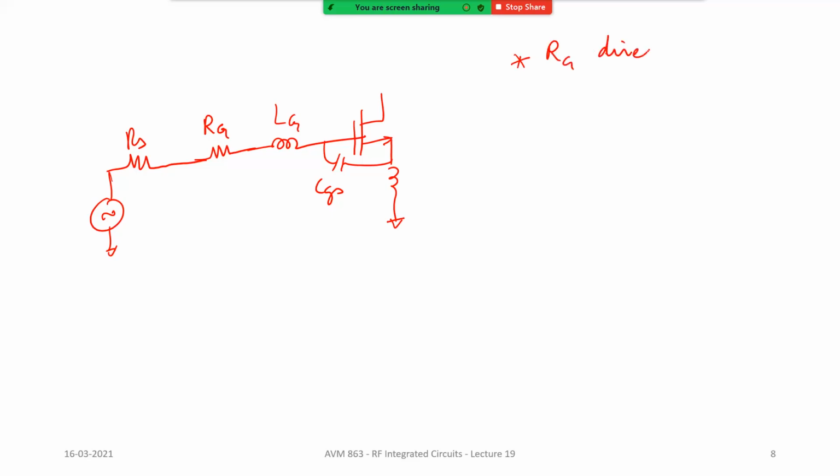So if you were to do the full analysis including this, you can obviously say that RG directly contributes to noise figure, which means what? You need to minimize RG as much as possible.